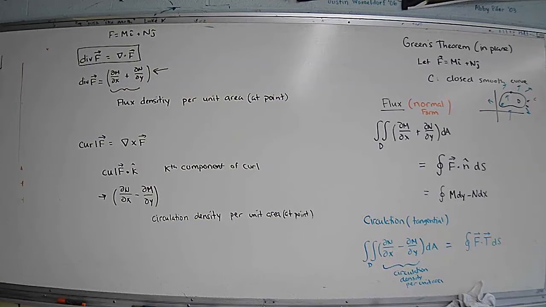Because remember, when we learned about F·dr and F·T ds, we said that if the path was closed, that was called circulation. Okay? So F·T ds, remember, is also the same thing as F·dr. It's the tangential component. And what is it in differential form? Do you remember? These two are equivalent, yes?